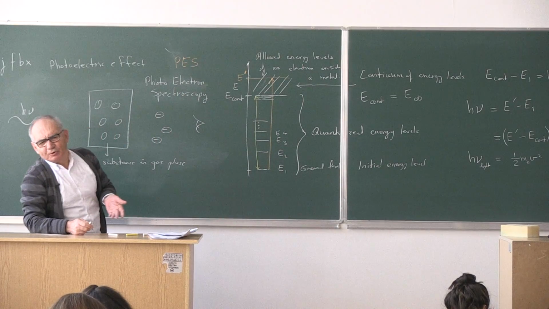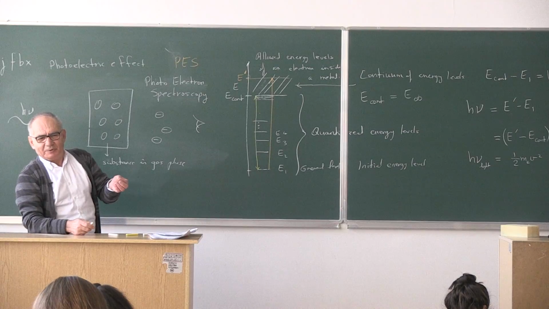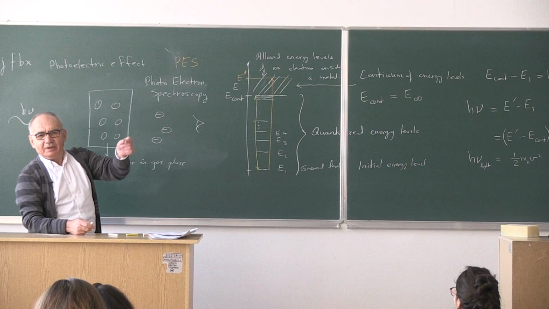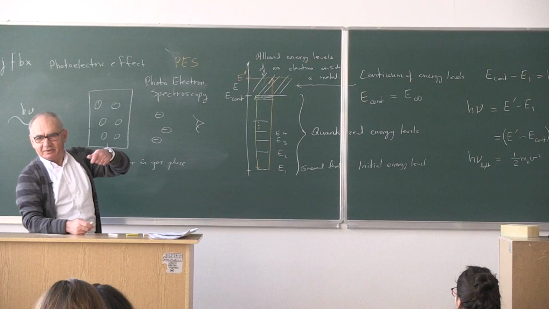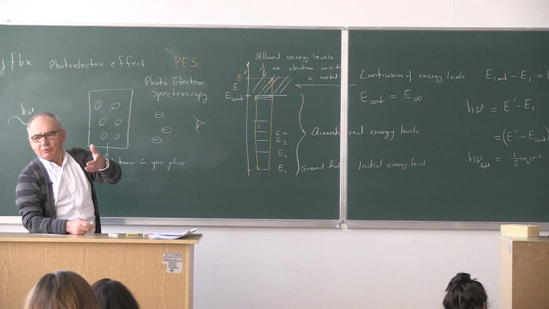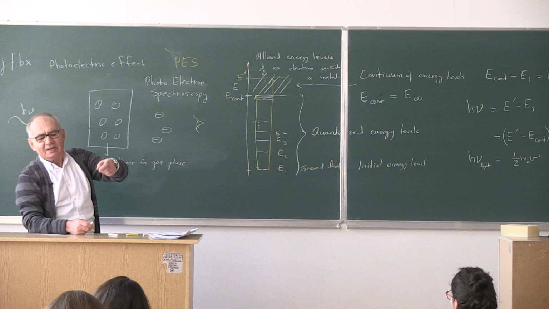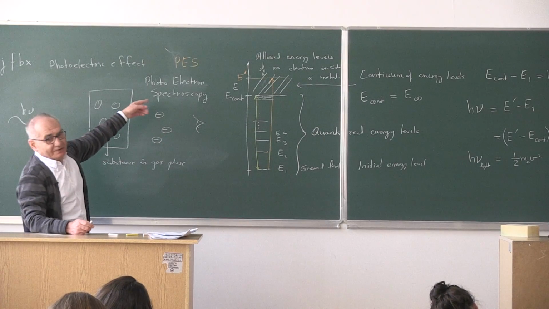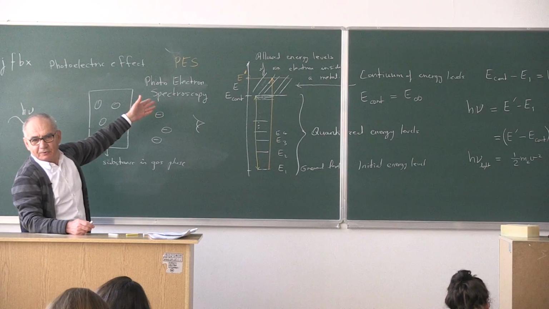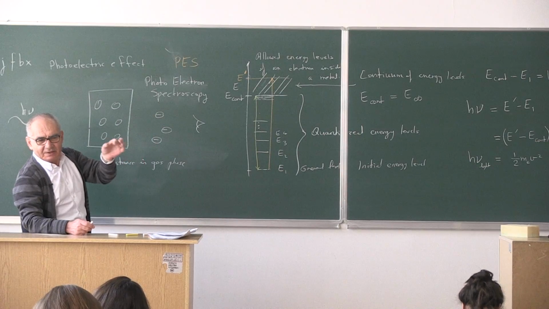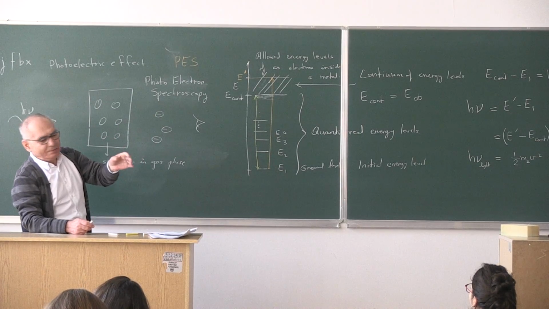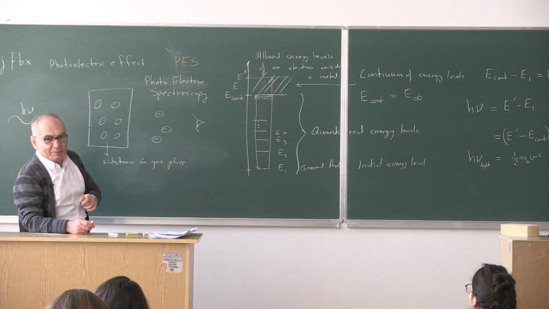You have already heard of UV spectroscopy, right? There, UV means ultraviolet, short. You have also heard of infrared spectroscopy, IR. Similar to that, PES is the short term to mean photoelectron spectroscopy.